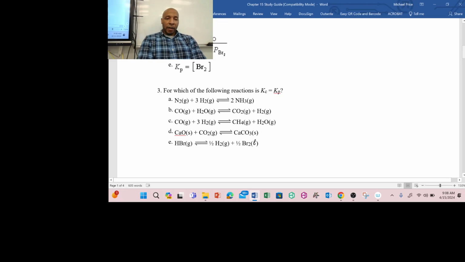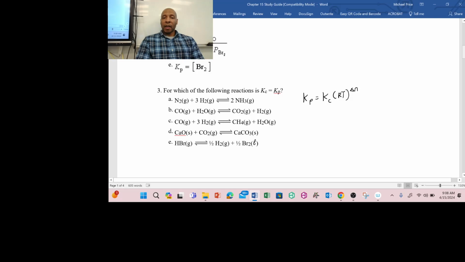Okay. Number three, for which of the following reactions is the Kc equal to the Kp? Now we know that the Kp is equal to the Kc times RT raised to the delta N power, don't we?